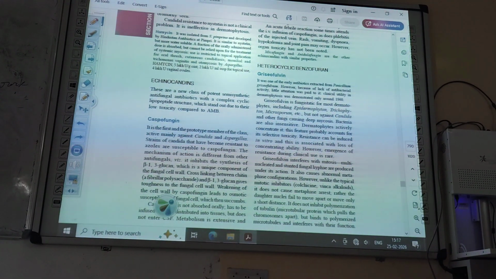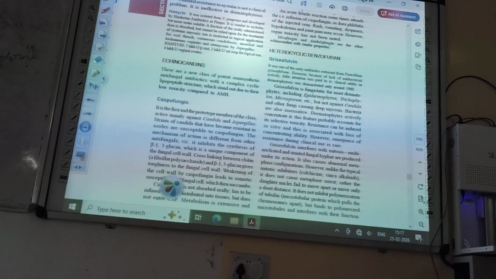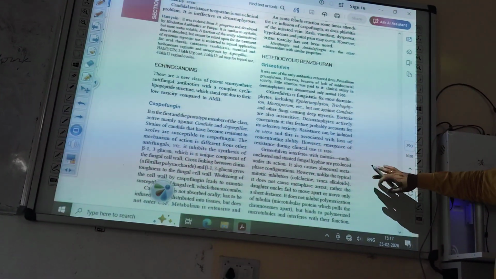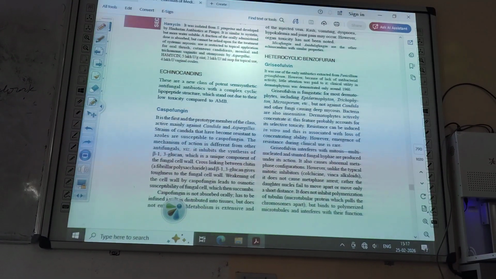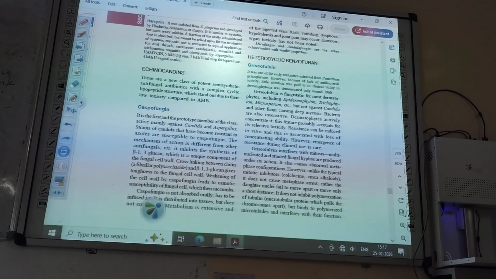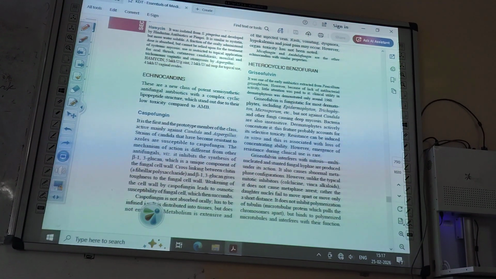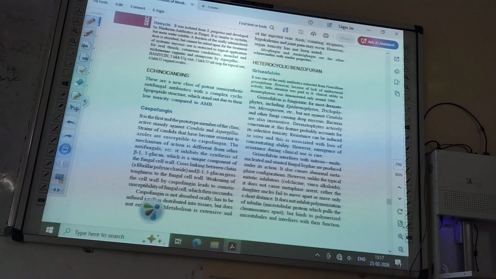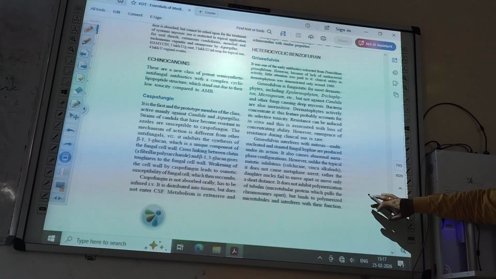Fungicidal versus fungistatic: it will inhibit the growth, not kill the fungus. It is fungistatic for most dermatophytes, including Epidermophyton, Trichophyton, Microsporum, etc., but not against Candida. Griseofulvin is not effective against Candida infection.